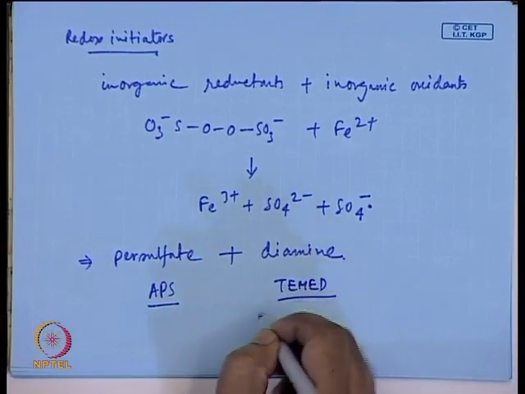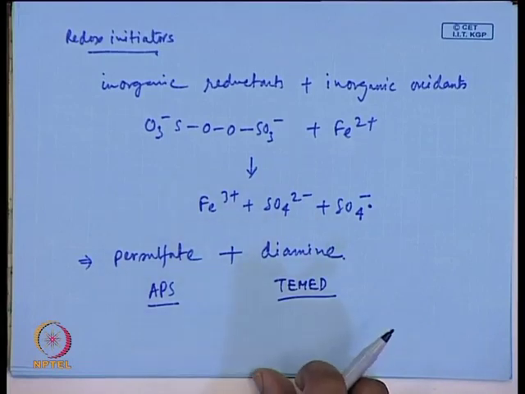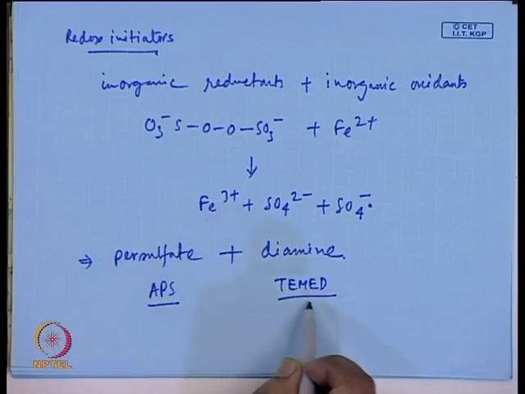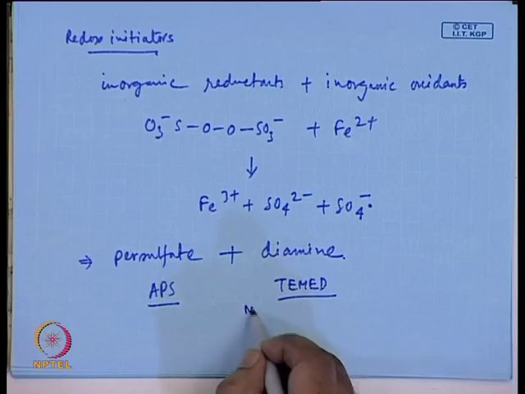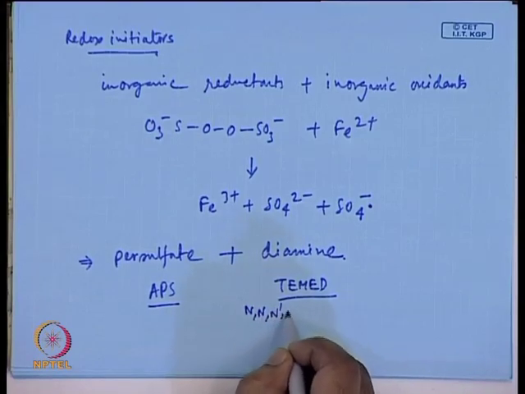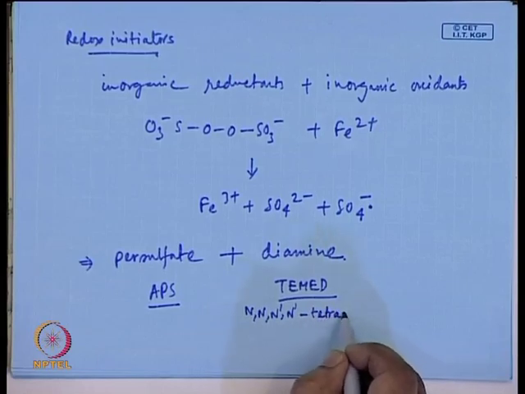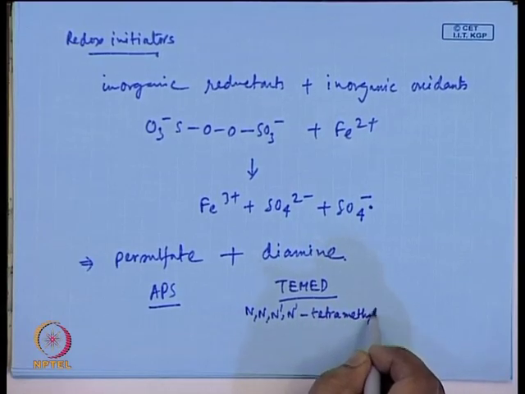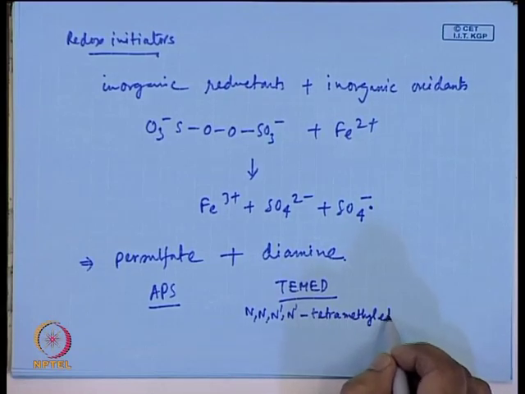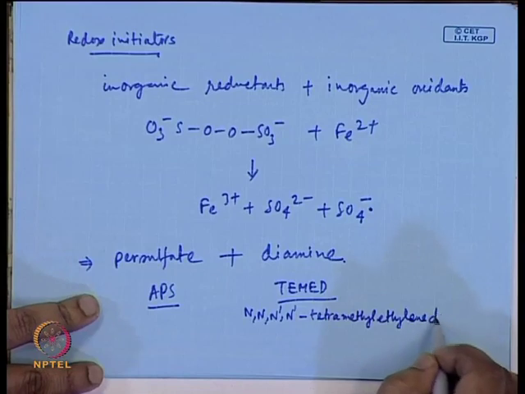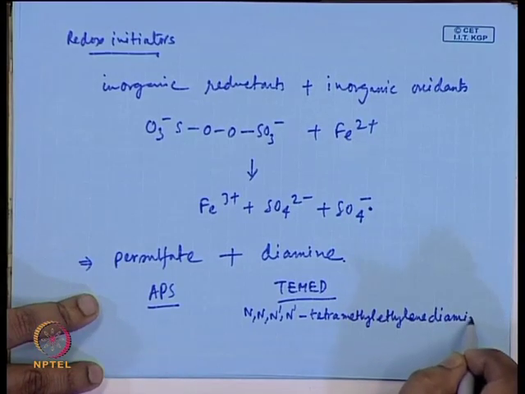This reaction is very common and done in biochemical laboratories for making polyacrylamide gel for polyacrylamide gel electrophoresis. TMED is N, N, N-dash, N-dash, it is basically a diamine, tetramethyl ethylene diamine.